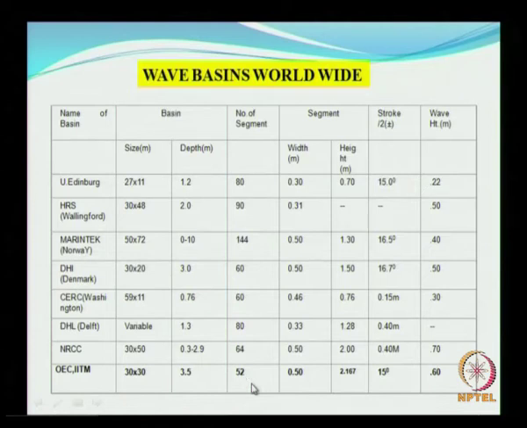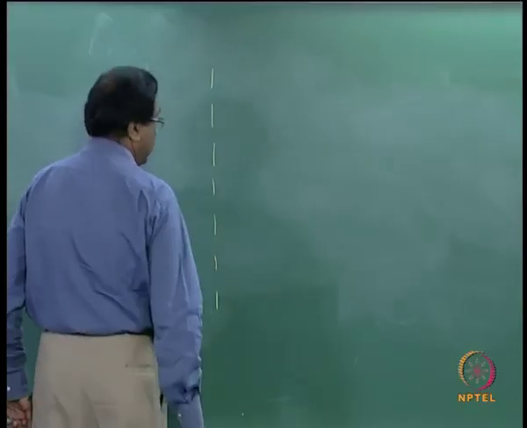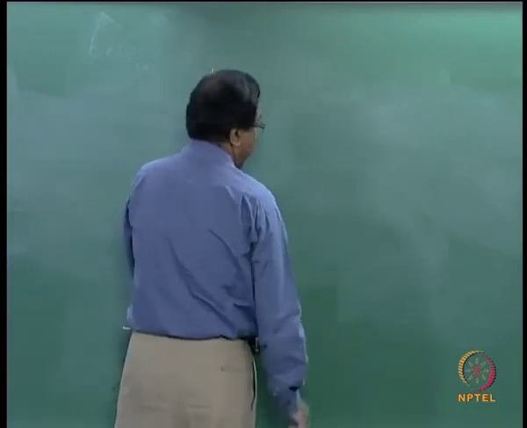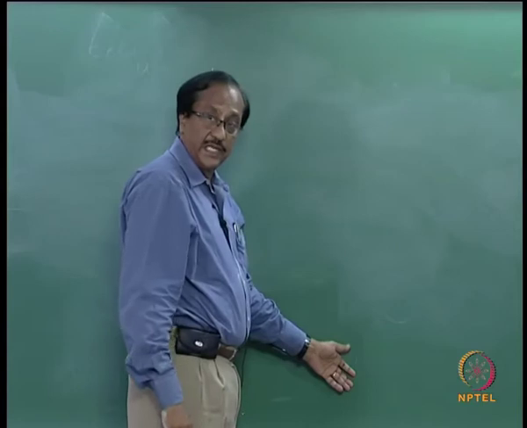When you want to generate multidirectional waves, it is possible only when you have a number of wave makers. It is not possible to generate directional waves with a single wave maker.